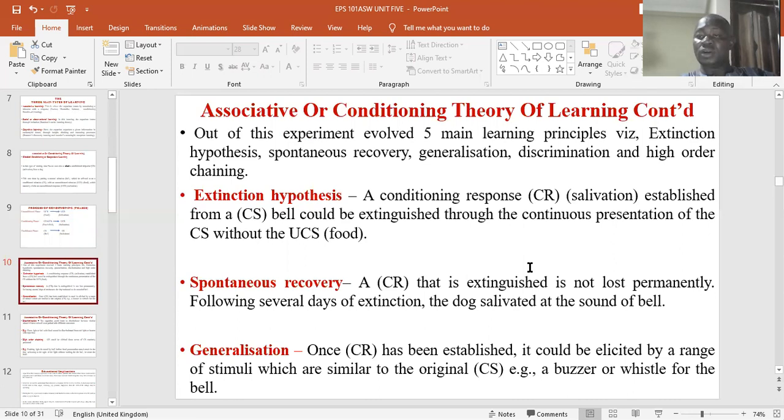So when you try to establish a behavior in a child and he has picked up the behavior, and before the establishment of the behavior, you were giving something as a motivation, if you withdraw the motivation, eventually the learner will also reduce the way and manner he or she responds to you. For example, you have a kitten or a cat at home.